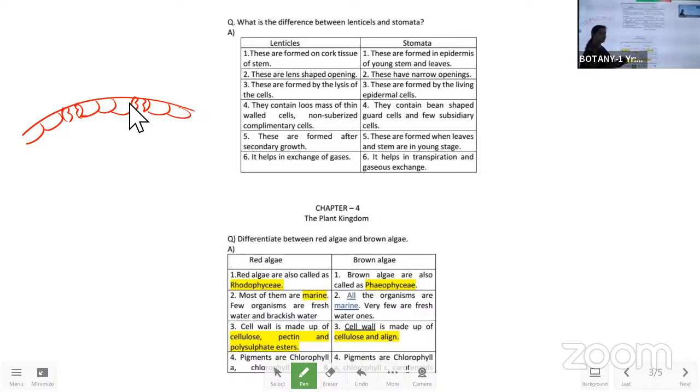Okay, so these are inbuilt, are present from the early ages of the plant body, that is the leaves, stem. But the lenticels are going to be formed after the secondary growth. How they are going to be formed?